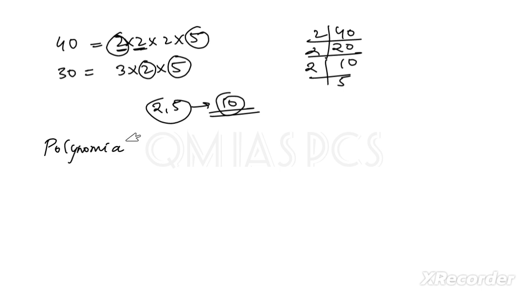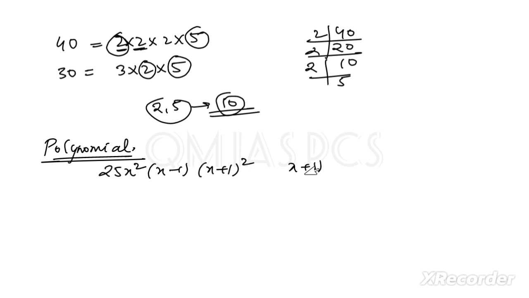For polynomials we will do the same thing, but we have to use factoring. Say one expression given is 25 x square, then x minus 1, then x plus 1 whole square, and the second one is x plus 1 whole cube and x minus 3.